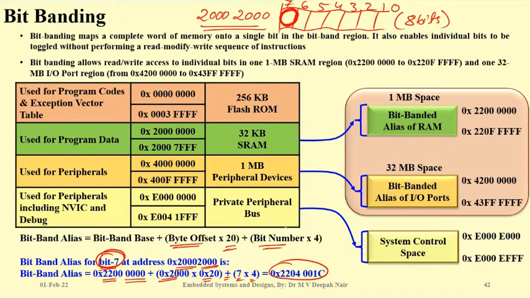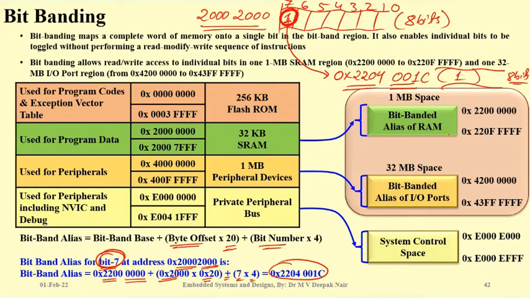So that means this bit is mapped to the memory at 0x2204001C. If you write 1 in this address, remember this address also contains 8 bits, that 1 will come here and be written like this.